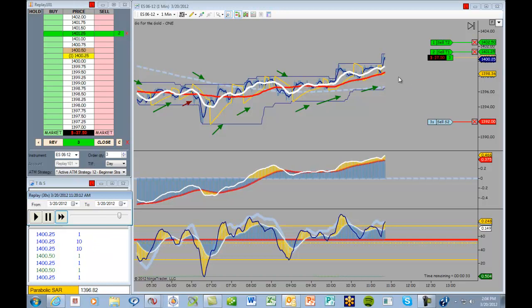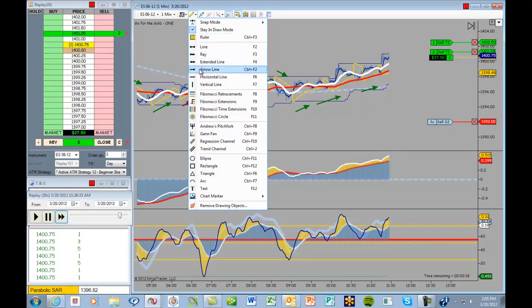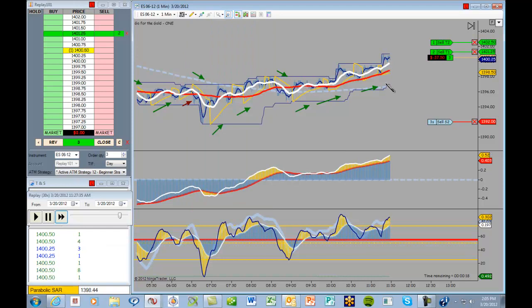When you're trading in real time, you can catch those. I got in, I think, way down here before that move took off. Hopefully we'll still see enough rise to hit that target.